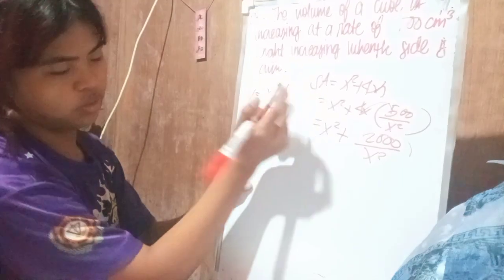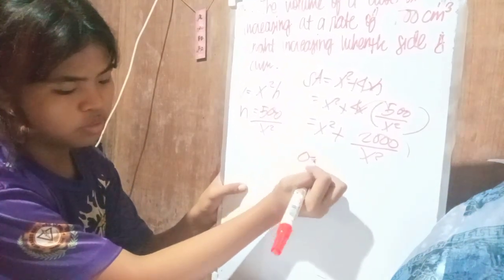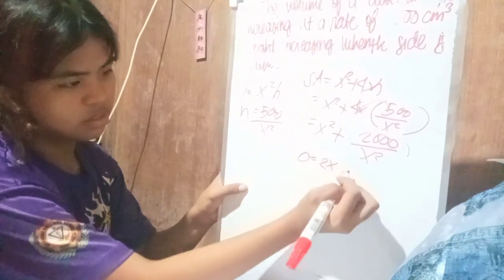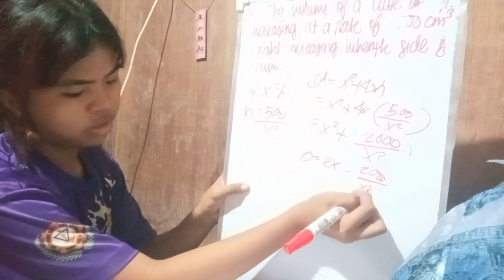So the derivative equals 2x minus 2,000 over x squared.